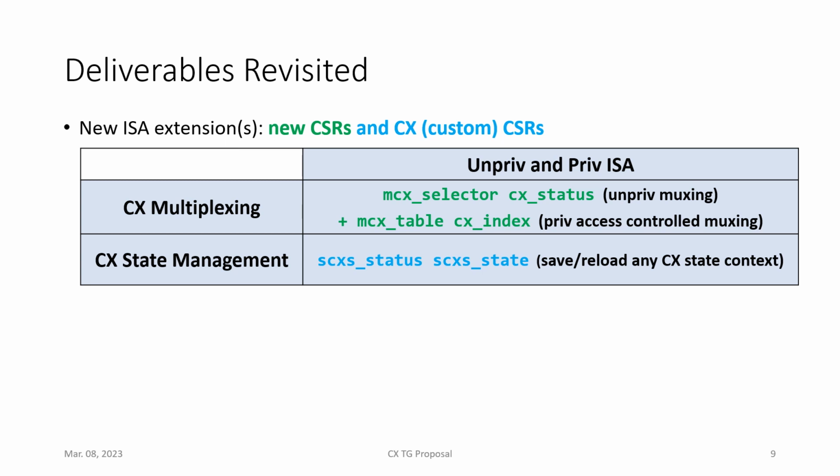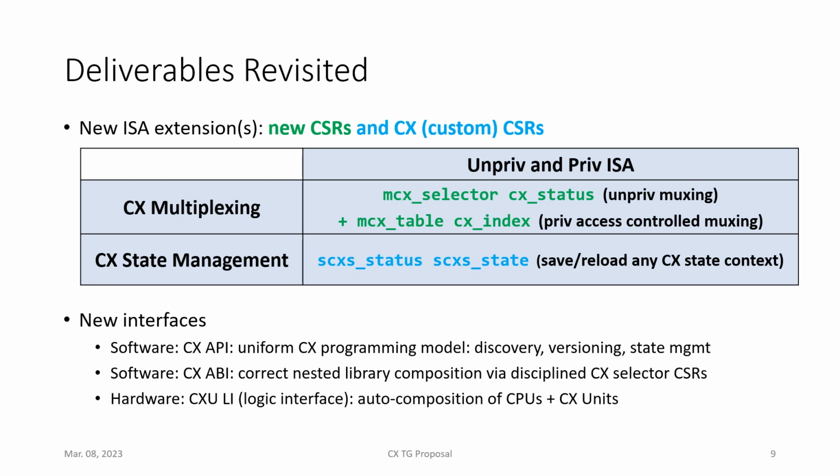And 2 new per-CX custom CSRs enable an operating system to uniformly save or restore any CX state context. A standard CX API provides a uniform programming model to name, discover, version, select, and use CXs. A standard CX ABI ensures correct composition of nested CX libraries and ordinary built-in custom extensions via disciplined use of the CX selector CSRs.